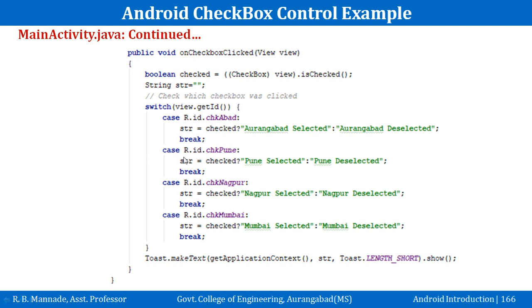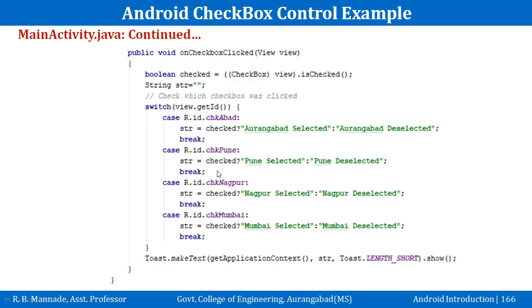R.id.chkPune case, and here the value of the str string variable is blank. Now we initialize that string variable using the conditional operator.